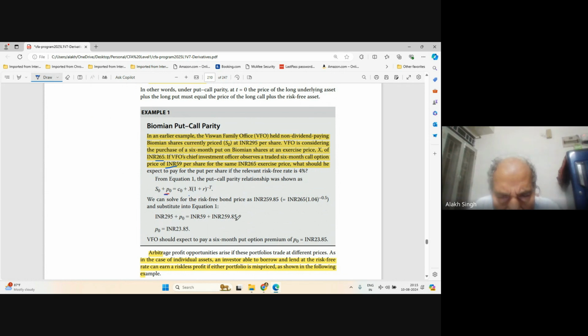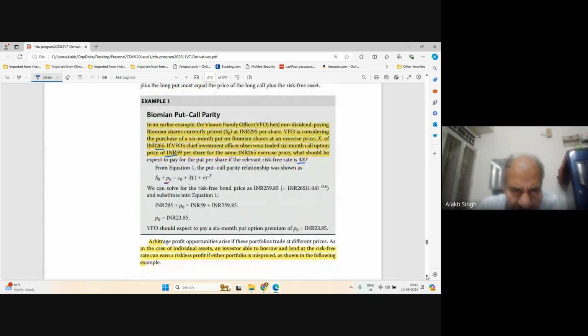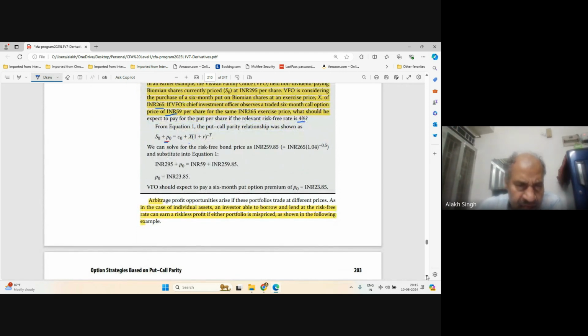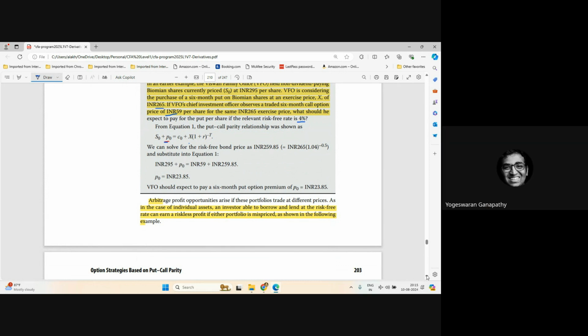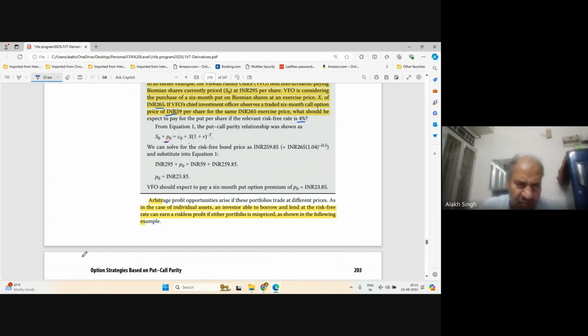The risk-free rate is 4%, it is given there. Once you get it, just confirm 259.85. Aswath, you got it, no? Yes, sir. So then P0 is 23.85.